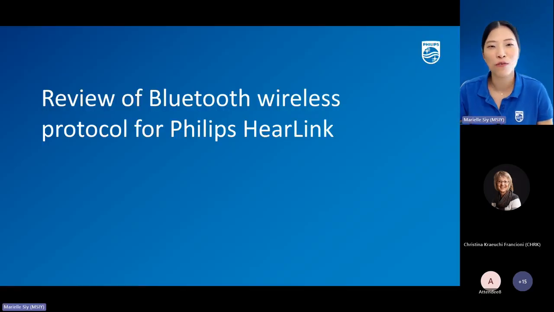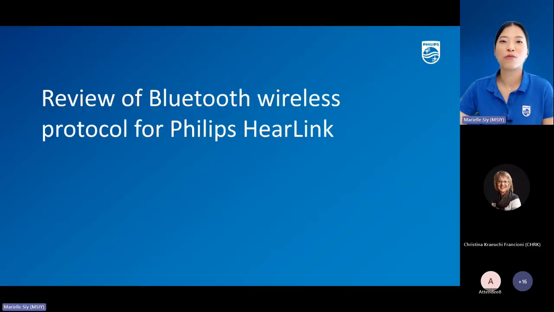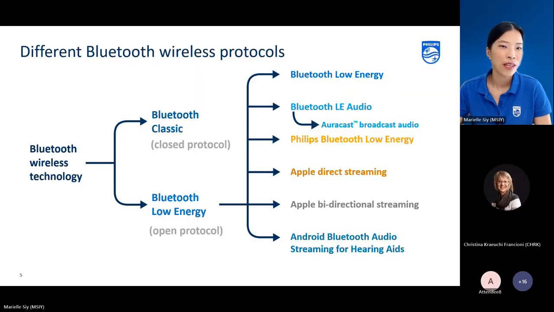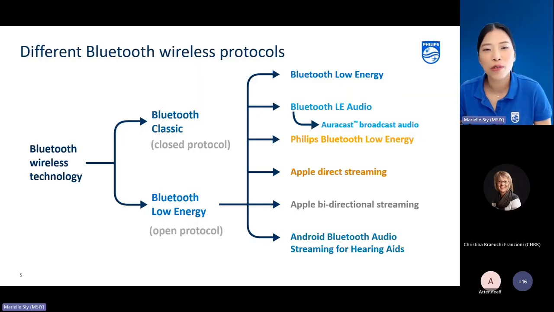So now let's review which Bluetooth protocols are used in our Philips HearLink portfolio. We have the generic Bluetooth wireless technology that you see on the left-hand side of your screen, and that is divided into Bluetooth Classic and Bluetooth Low Energy.